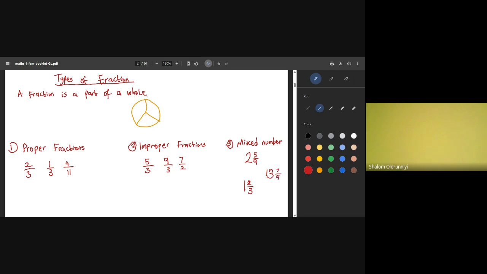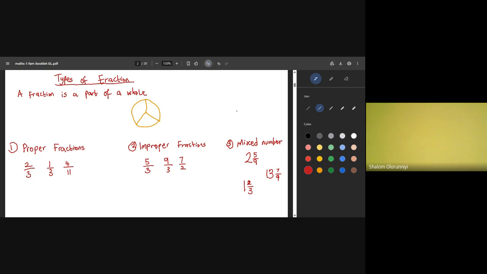Why do I like the number 9? So you must have a whole number and a proper fraction. It can't be a whole number and an improper fraction, because you'll still be able to get one more whole from there. Well, we'll understand more on that later. This is just basically it for your fractions.